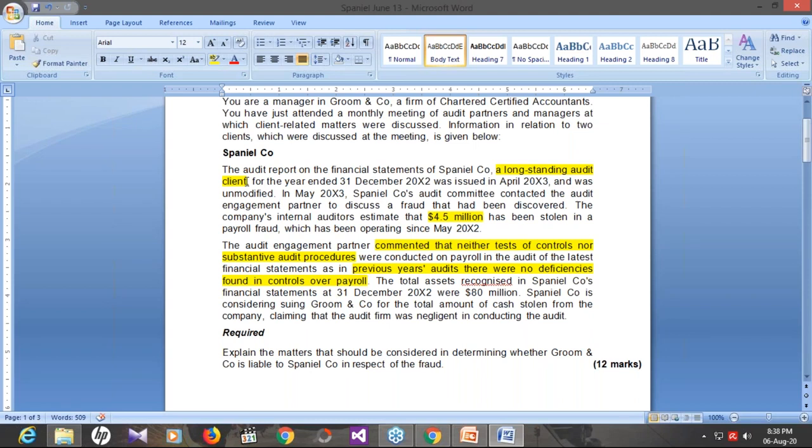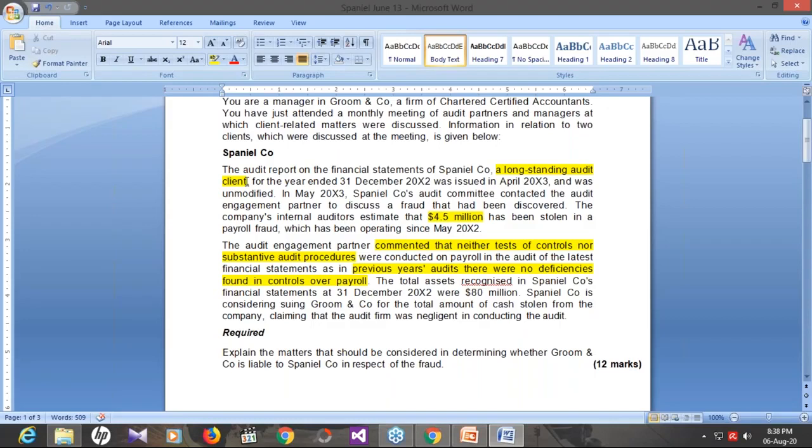After discussing all these points and all relevant ISAs, you need to tackle the duty of care or negligence. The actual conclusion that you should form, or the main requirement, is whether Groom and Co is liable to Spaniel Co or not.